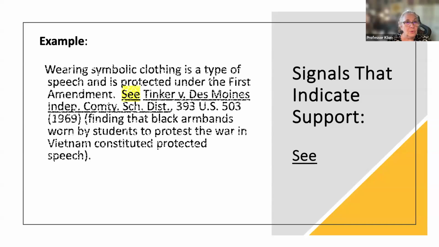So I'll show you. So here we have wearing symbolic clothing is a type of speech and is protected under the First Amendment. And you have the signal see, and they're citing to the case of Tinker versus Des Moines Independent Community School District. In that case, students wore black armbands to protest the Vietnam War. So the writer puts in a parenthetical the facts of that case to help explain how they got to the point that they were trying to make.